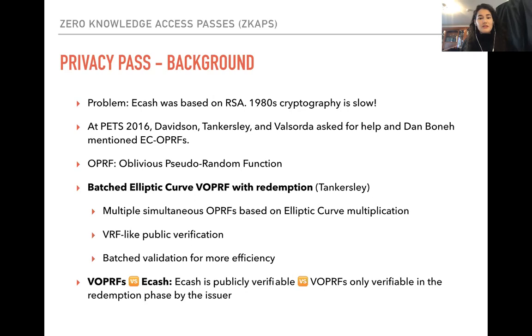And what then happened is that George came up with a batch solution, which is also for verified oblivious pseudo-random functions with redemption, batching them also to get more efficiency in the end. You can think about the difference between VOPRFs and eCache: eCache is publicly verifiable, whereas VOPRFs are only verifiable in the redemption phase by the issuer. So this is the idea, and I'm also going to show you how this works, going from the eCache idea to elliptic curve VOPRFs.